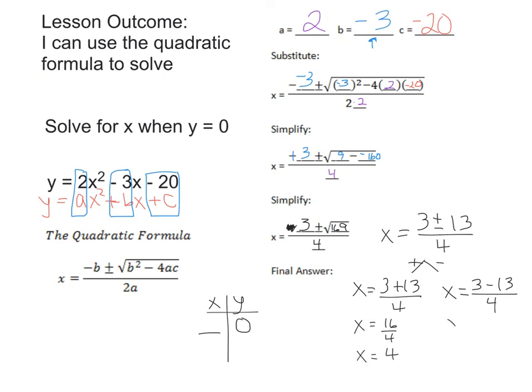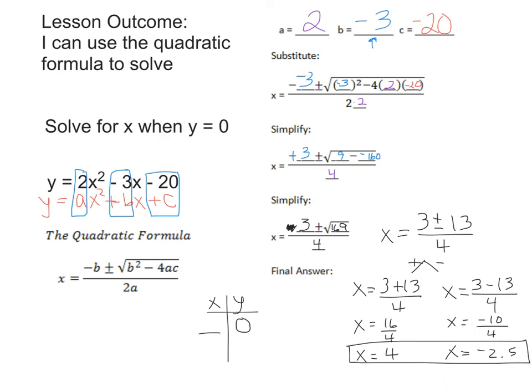And over here, one more step of simplification, 3 minus 13 is -10, and -10 divided by 4 will give us our second answer, -2.5. So, just like when we factored, we end up with two different answers most of the time, not always, much of the time.